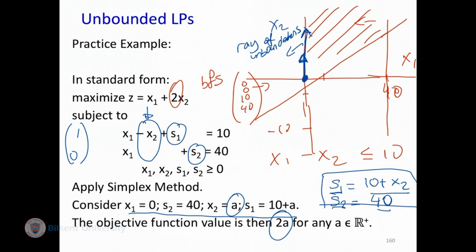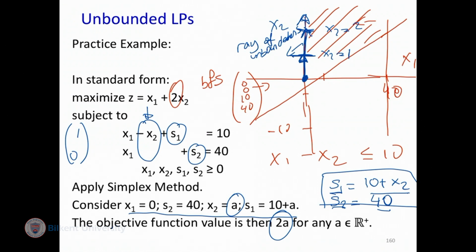Okay, so for any positive value of a, I can get to a feasible solution on this ray of optimality or ray of unboundedness, and I could get to better and better values. Does it make sense? If x2 is 1 over here, you get objective function value 2. If x2 is 2, you get objective function value of 4. You can increase along that direction.